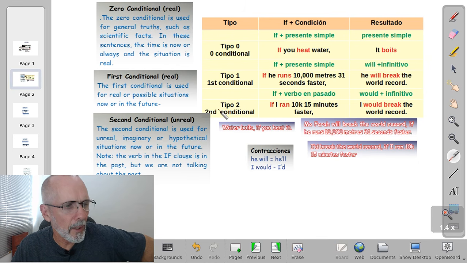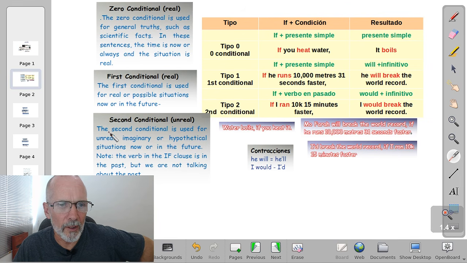And then finally we have the third type of conditional. If I ran 10k 15 minutes faster, I would break the world record. So this time we are using the past form of the verb in the if part, and we're using the modal verb would in the result.